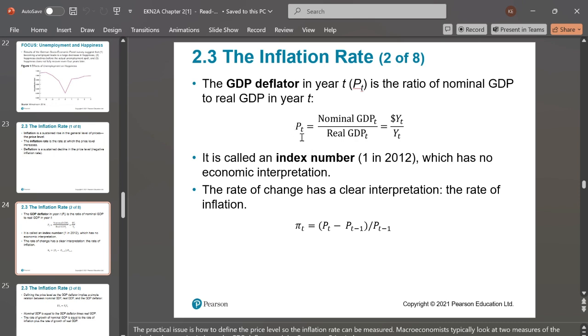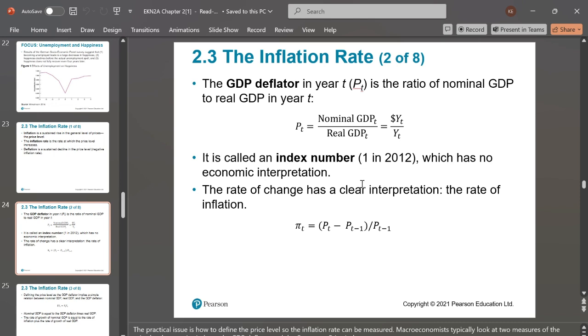So the GDP deflator is equal to the nominal GDP divided by real GDP. Remember, nominal GDP is the GDP that changes with an increase or decrease in prices, whilst real GDP is the GDP that stays constant, regardless of the fact that prices are increasing.